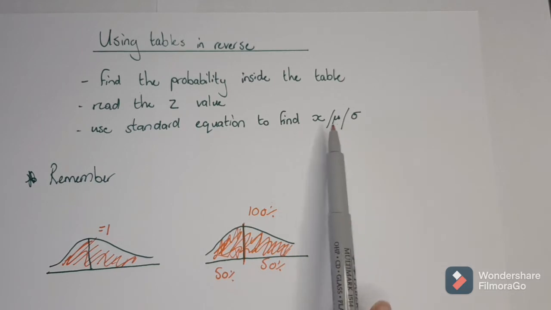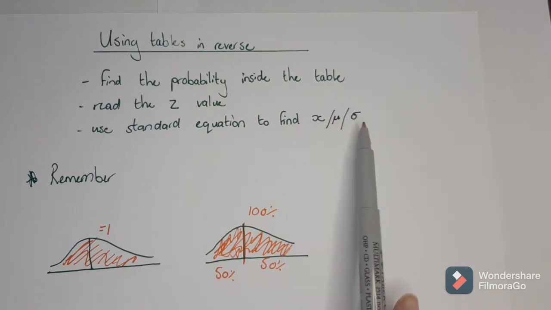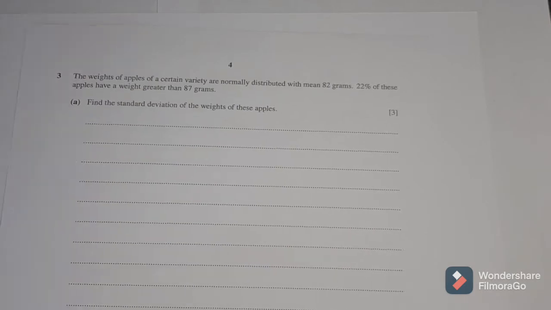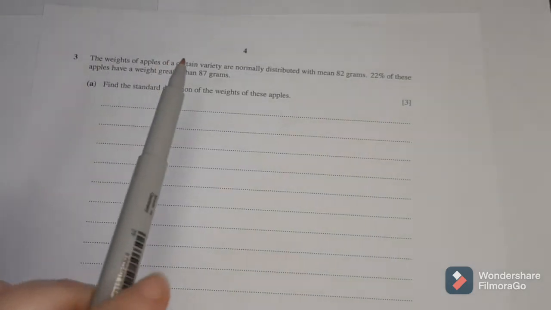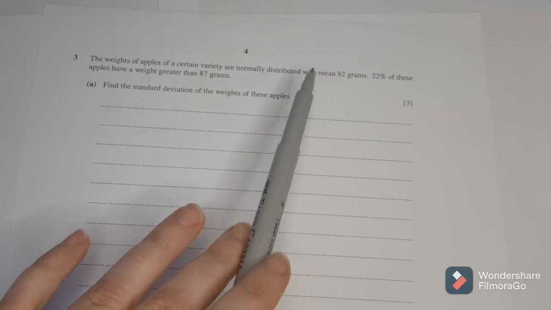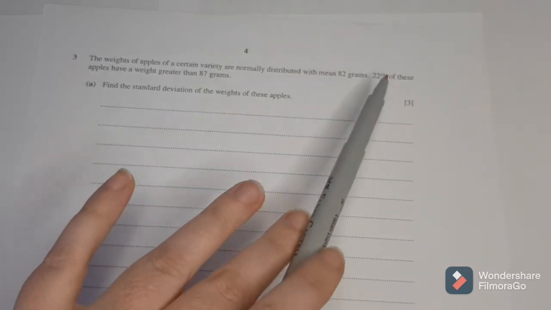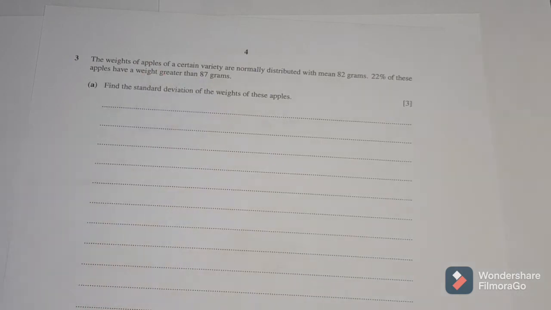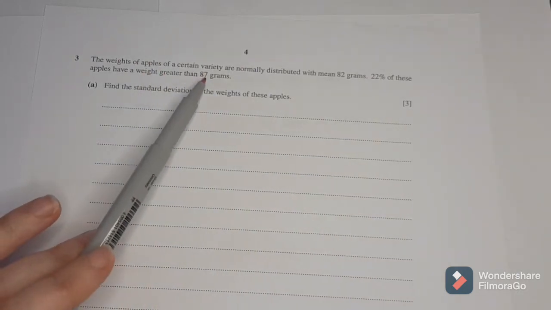But I also said here I can use it to solve for mean, standard deviation, or both. So if I look at an example now where I need to solve for those, we're going to do pretty similar, because we've got a mean given to us this time, and we're told 22% of these have a weight greater than 87. So that's an x value.